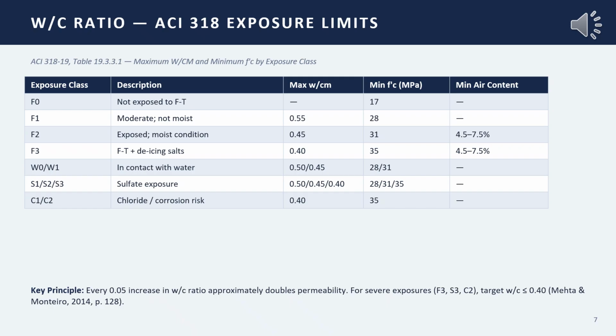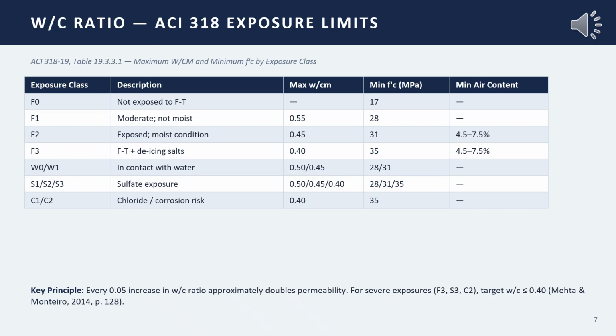F1 is moderate freeze-thaw without continuous moisture, maximum water cement of 0.55 and minimum strength of 28 megapascal. F2 is severe freeze-thaw in a continuously moist condition.